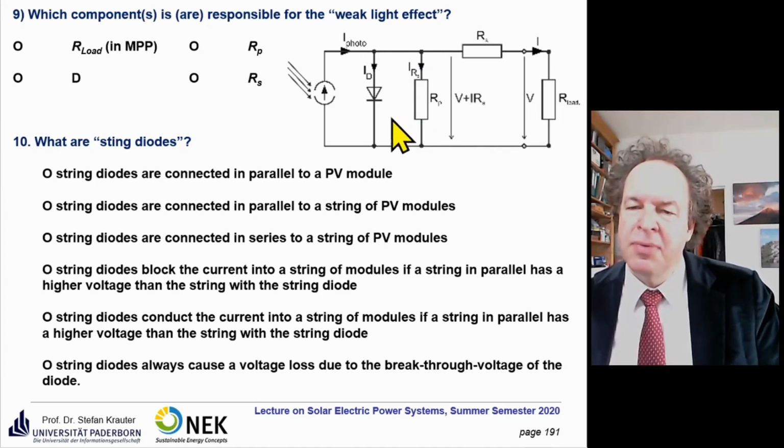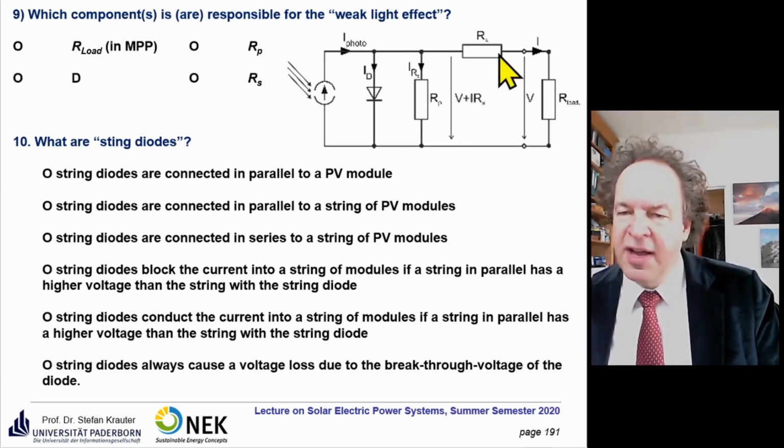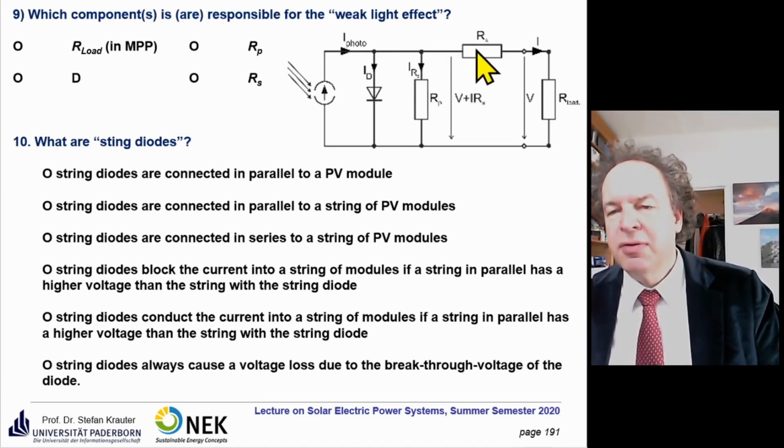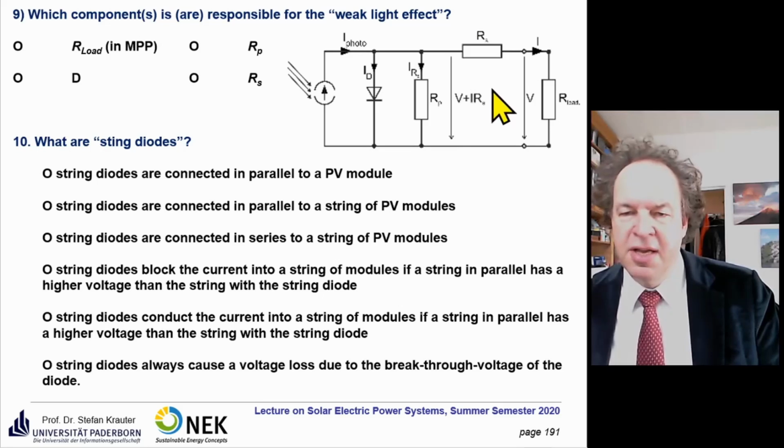So we have to consider this. Are there any other effects? Do we have an effect of the series resistance? No, this is just the contacts. There is no effect. It just depends on the current, and when you have low current, there are even lower voltage losses there.